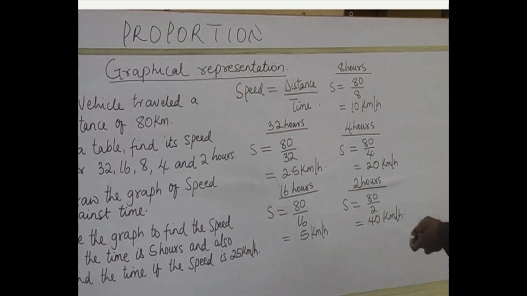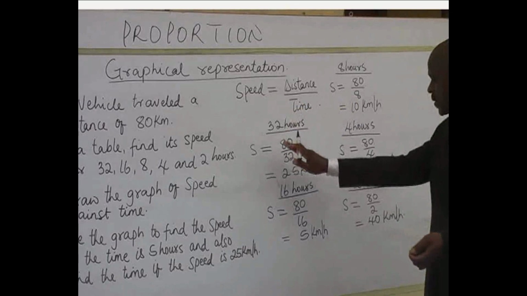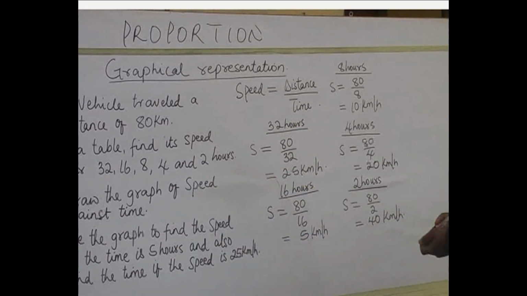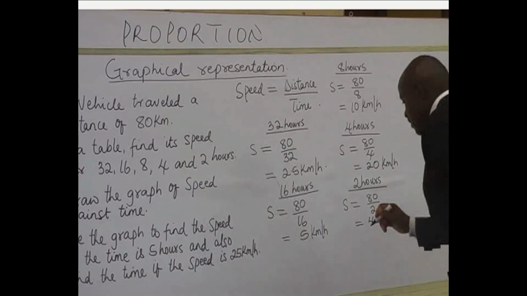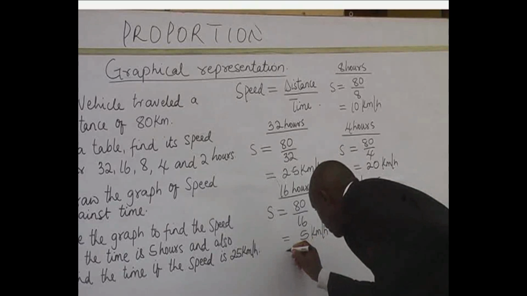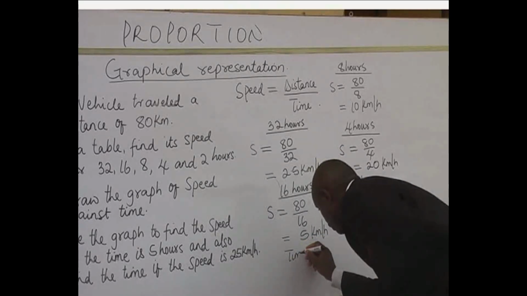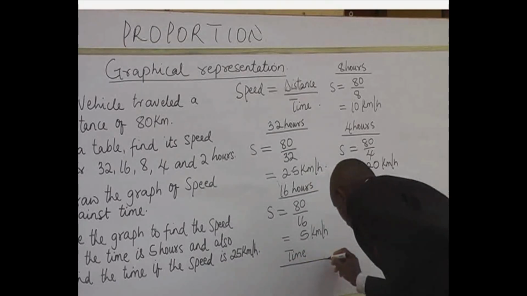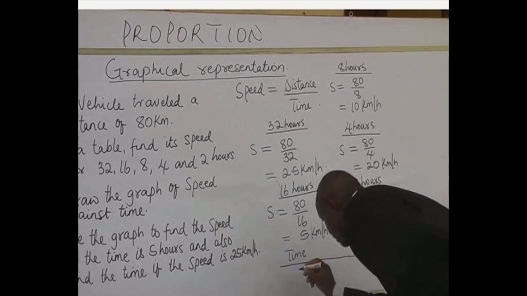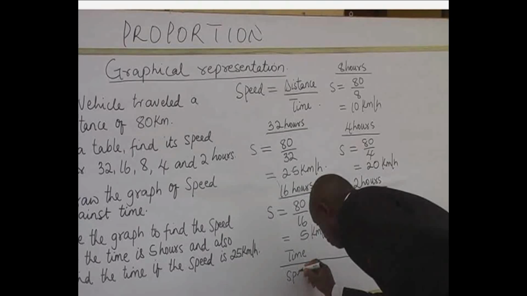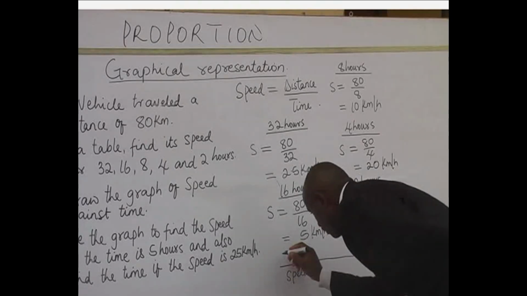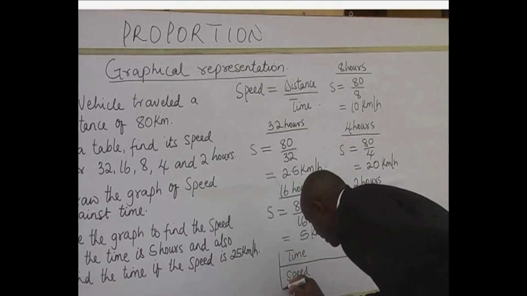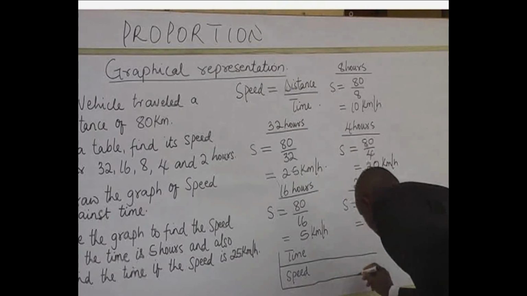Now we are going to use these values that we have calculated to form our table of values. I'm going to form the table of values here. It's going to be time and speed. Let's manage this space here.